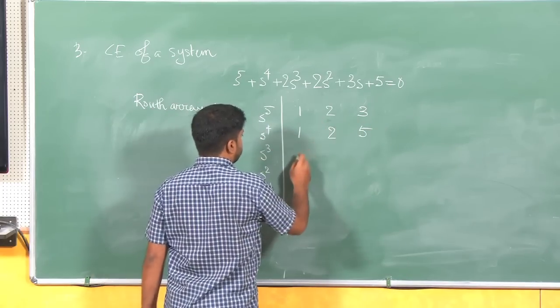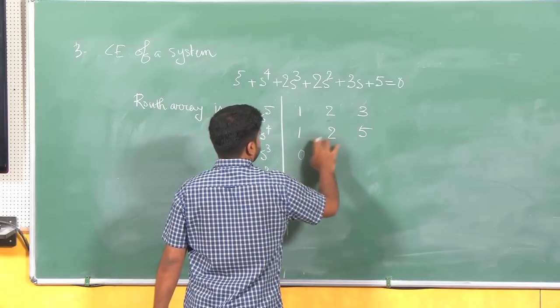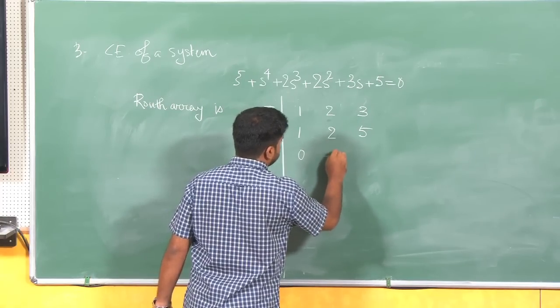So, 2 minus 2 will be 0 and 3 minus 5 will be minus 2.